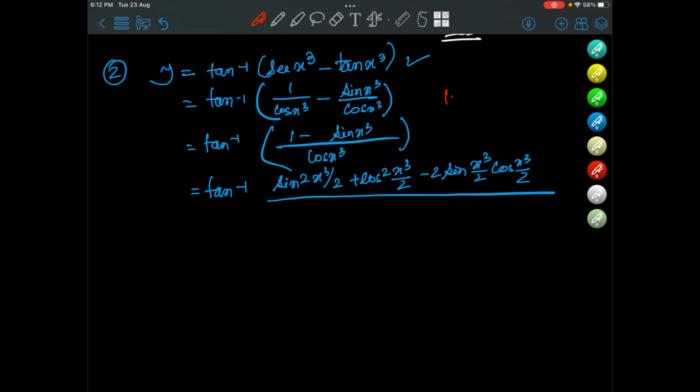Why? Because 1 equals sin square a plus cos square a, which is a basic trigonometric formula.